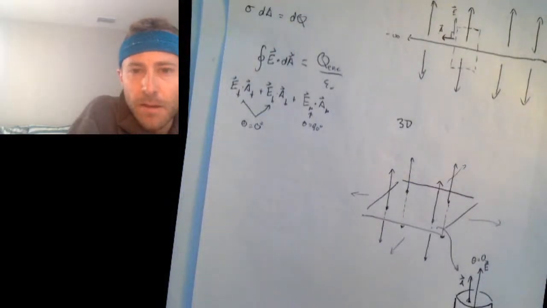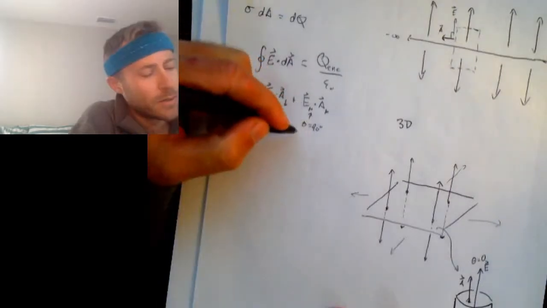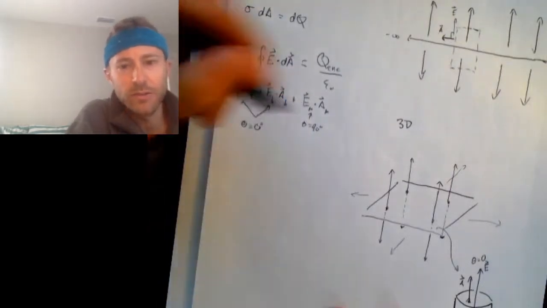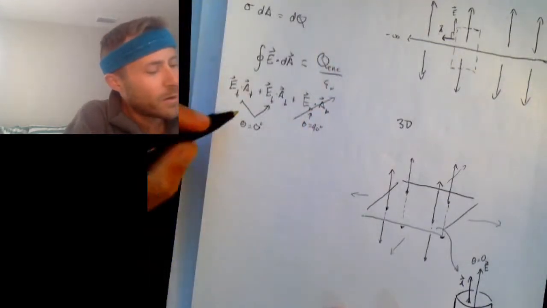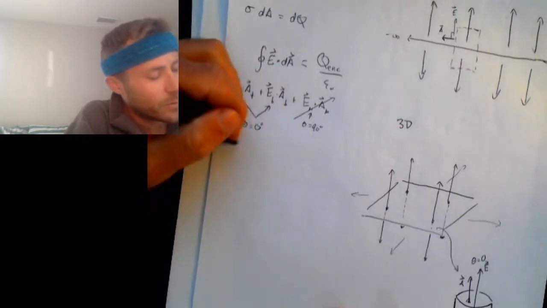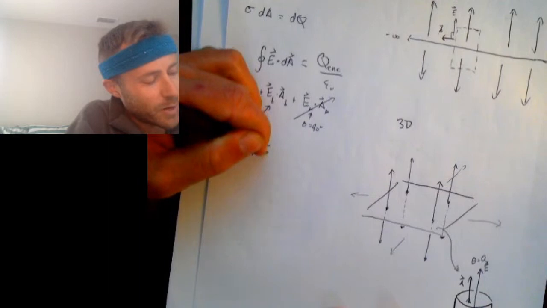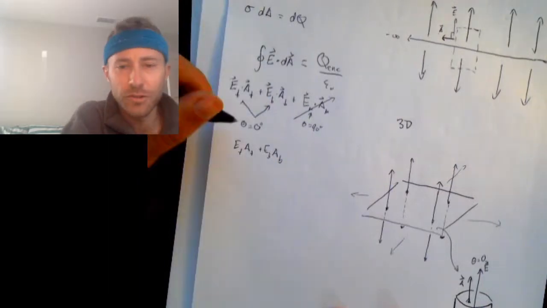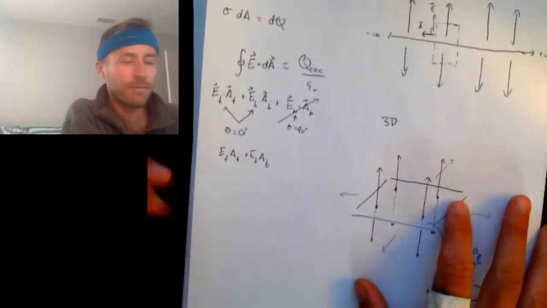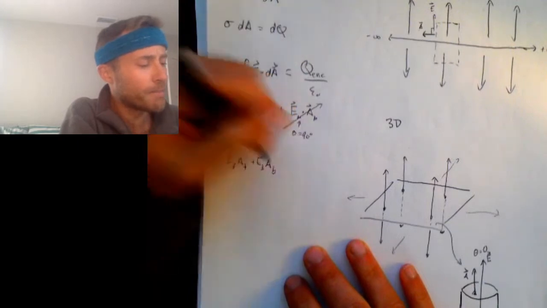If you recall, the cosine of 90 degrees is 0, so the middle one goes away. Here, we just get E top times area top plus E bottom times area bottom, just magnitude times magnitude, because cosine of 0 is 1.